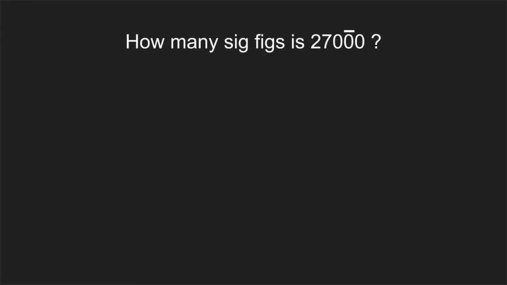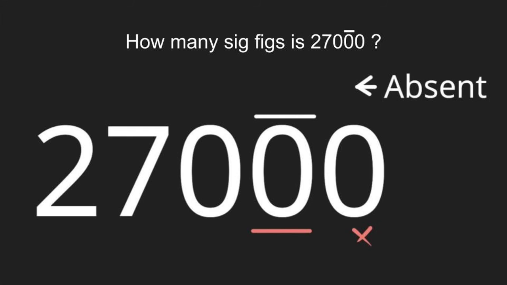For our last example, we're going to look at how many sig figs are in 27,000 when there's the bar over the 0 in the tens place. So, the decimal is absent here, so we're going to start at the first non-zero number on the right usually. Here is the one exception to that. Since the 0 in the tens place is significant, as we know by the bar, we're actually going to start at that 0 and count every number to the left, instead of going all the way to the 7.